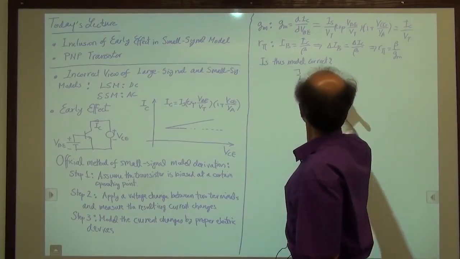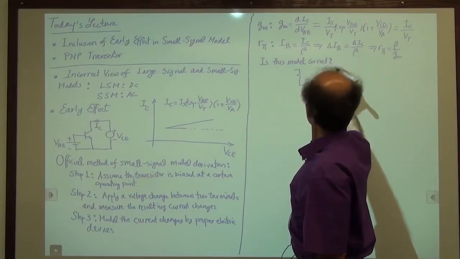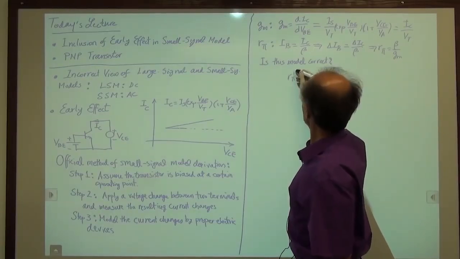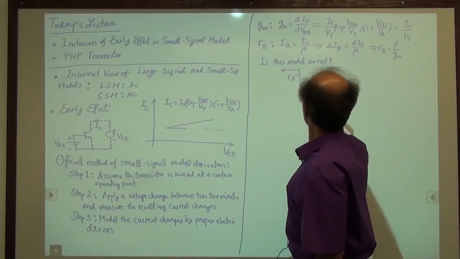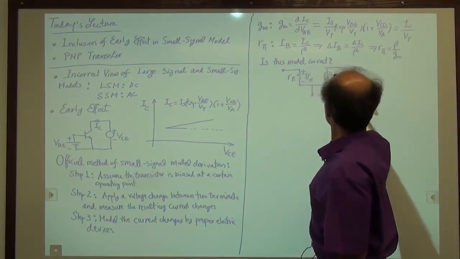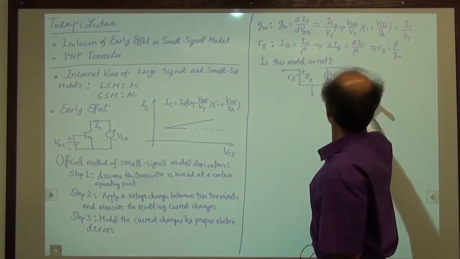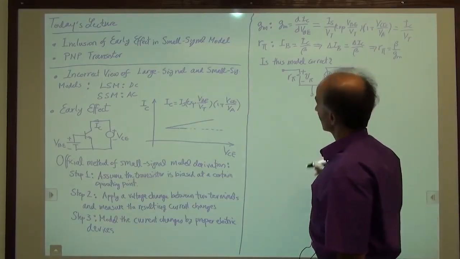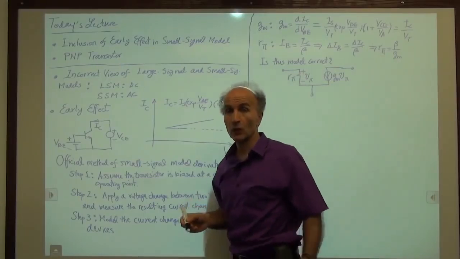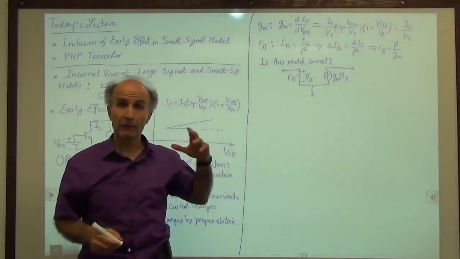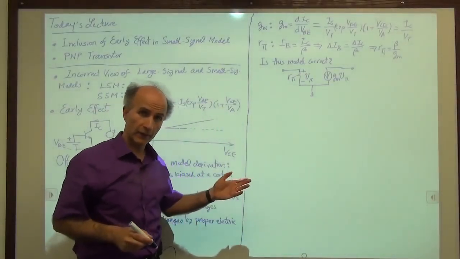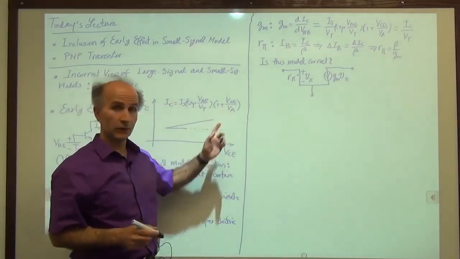I have rπ between base and emitter, and I call the small signal voltage vπ. Then this is gm vπ between collector and emitter. So does this reflect everything that's happening in the bipolar transistor now that we have included early effect?